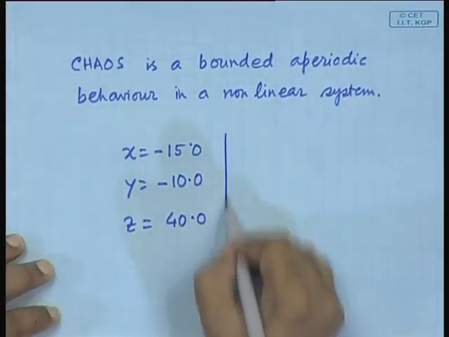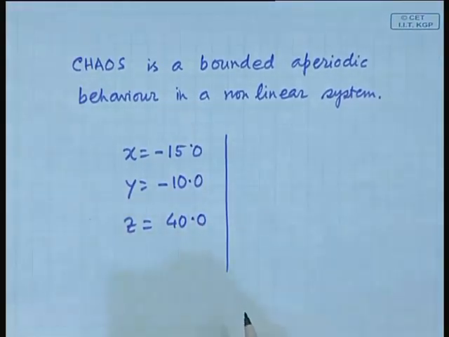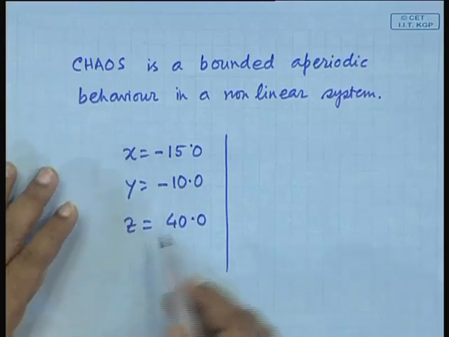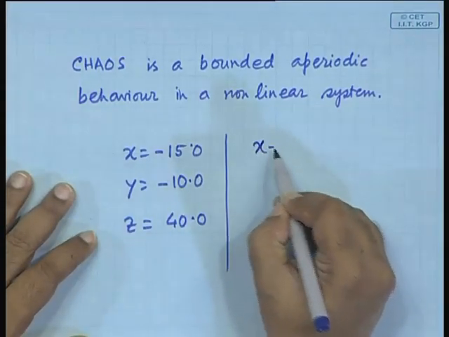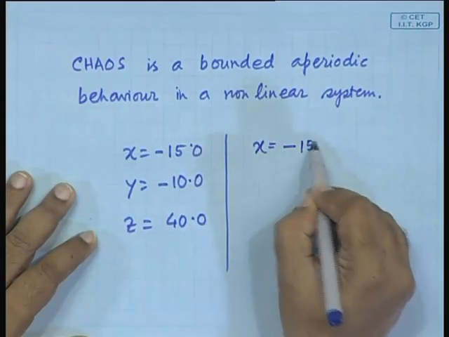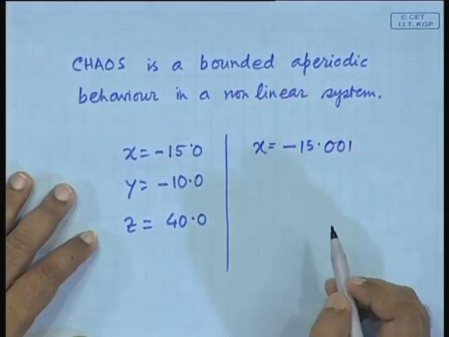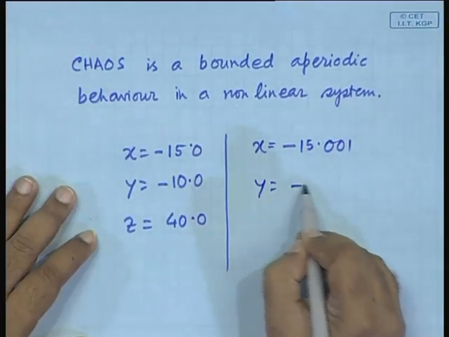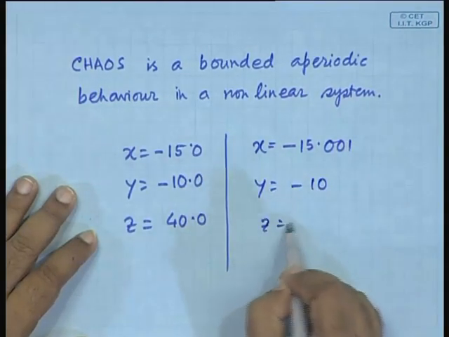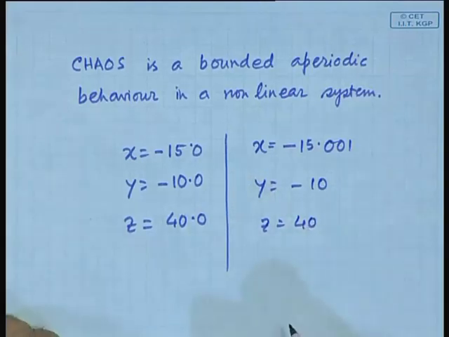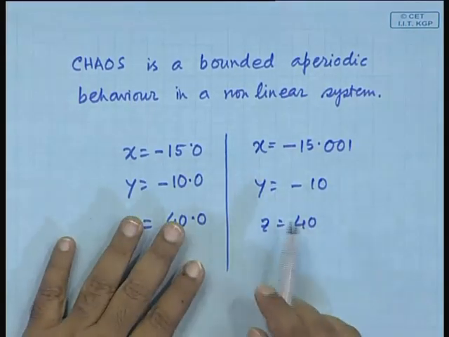Now, if I start from a very close initial condition, another initial condition, say x is equal to minus 15.001 and y is equal to minus 10 and z is equal to 40. We can start from those initial conditions.